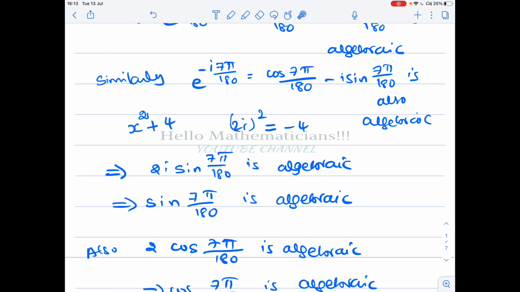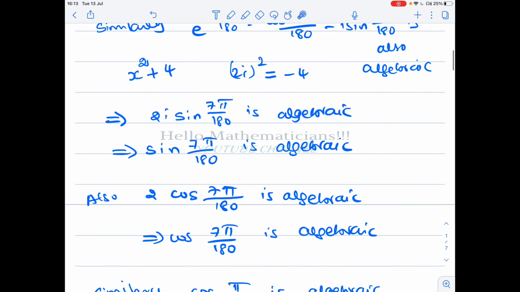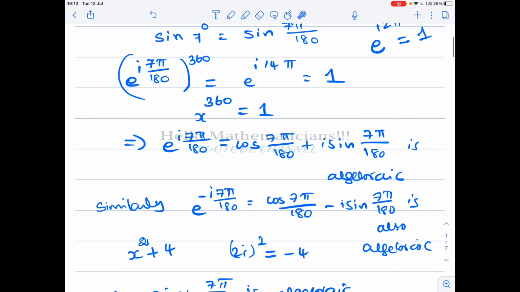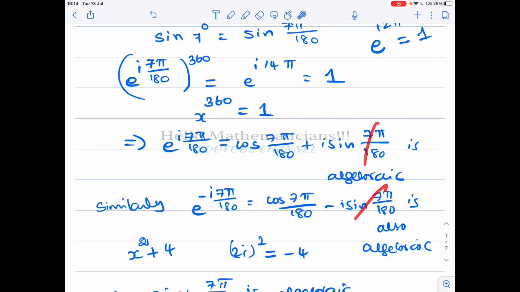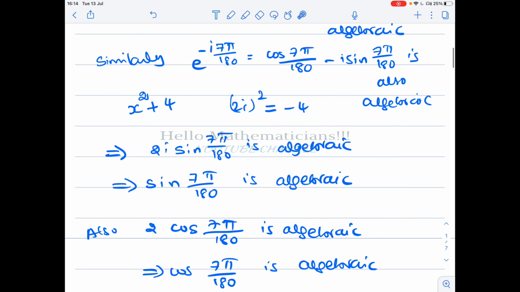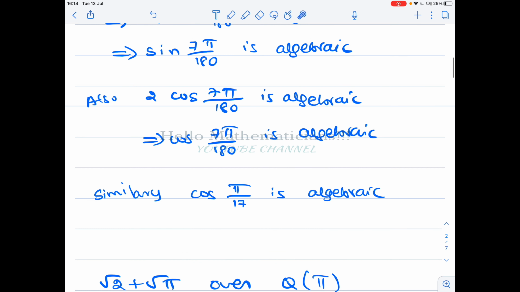So you see that the set of all algebraic numbers forming a field is very helpful. Because of that only we have removed this 2i from here. Similarly, if you add these two numbers, these numbers will cancel. You get 2 times cos 7 pi by 180 is algebraic.